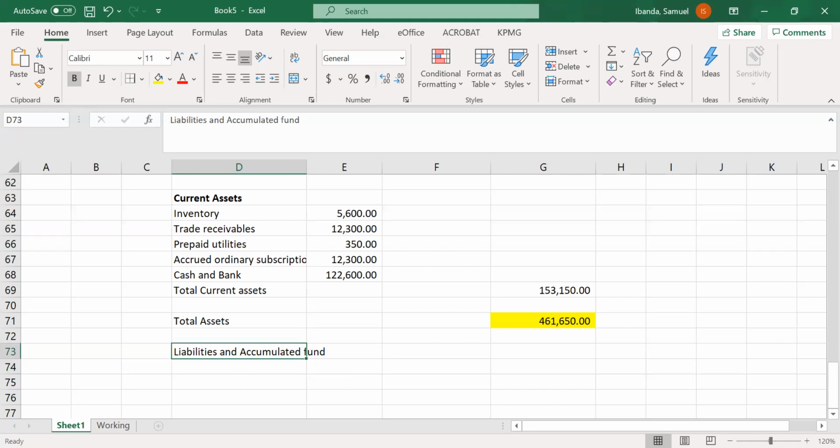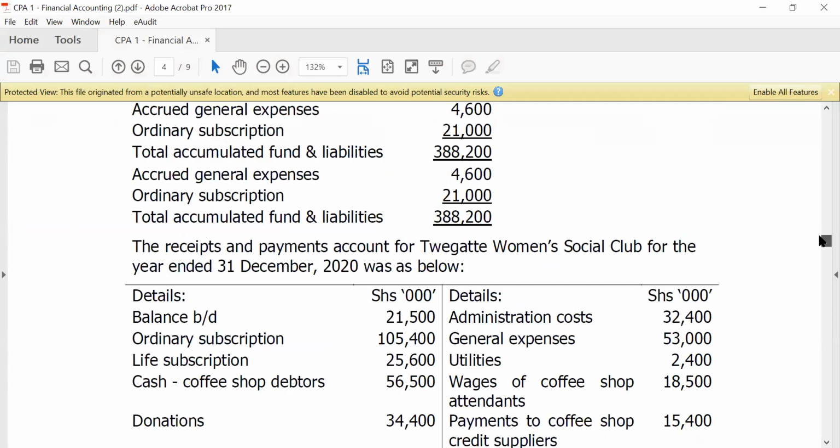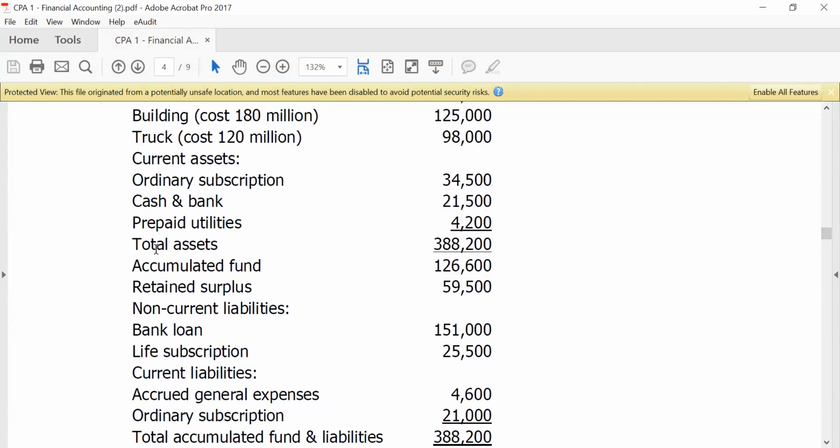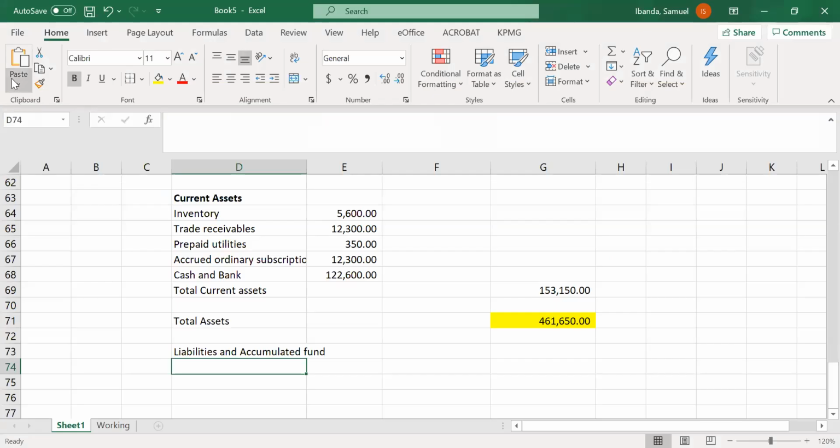So you saw the same thing that was done with the opening balances here. We had after total assets, they went to accumulated fund. So let's also move to the same thing. After assets, let's move to have our accumulated fund.